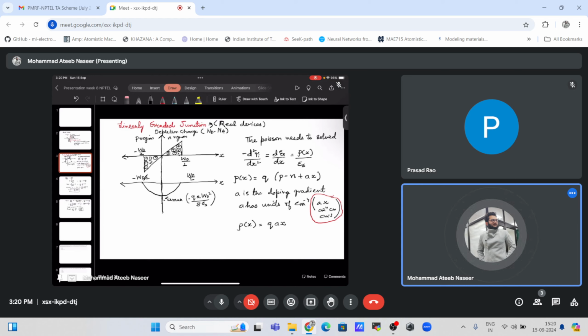So this is the maximum magnitude of the electric field that we will get for this linearly graded junction.